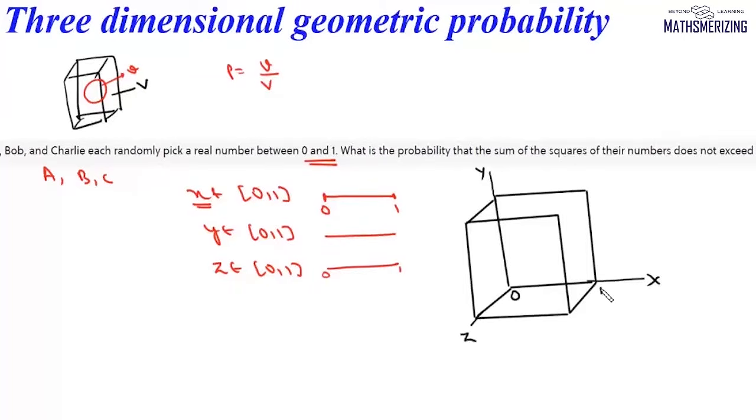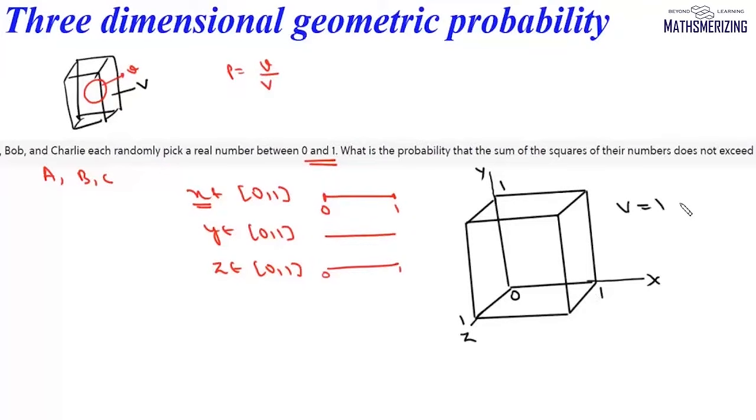Now x can take any value from 0 to 1, y can take any value from 0 to 1, and z can take any value from 0 to 1. And all the possible combinations of x, y and z are represented by points lying on or inside this cube of volume 1 unit. So the volume of this cube is simply 1 cubic unit.